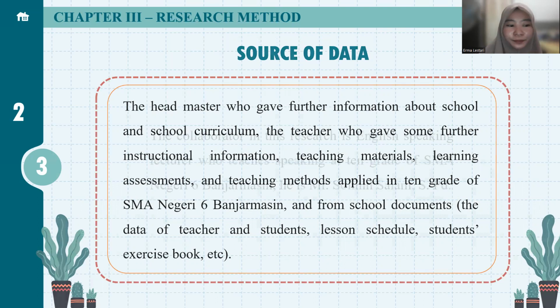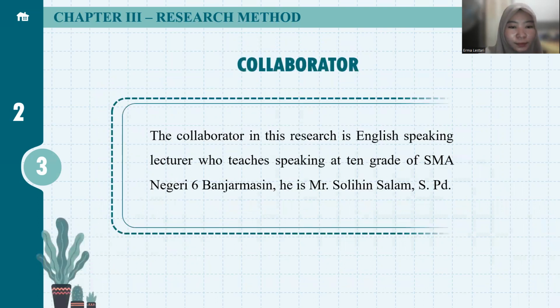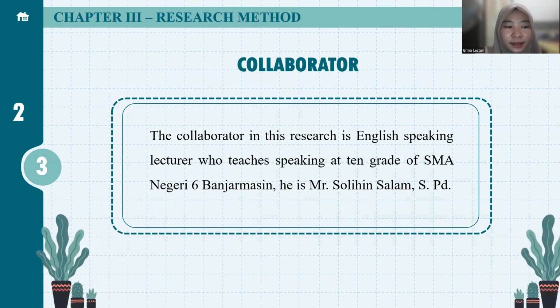The next is the collaborator. A collaborator is a person who helps the researcher to collect the data. The collaborator in this research is the English speaking lecturer who teaches speaking at 10th grade of SMA Negeri 6 Banjarmasin. He is Mr. Solihin Salam, S.Pd.